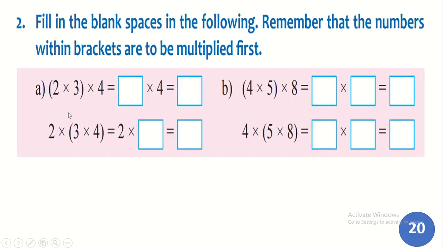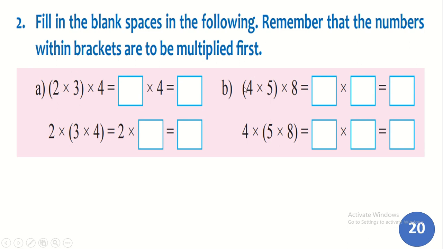Number 2. Fill in the blank spaces in the following. Remember that the numbers within brackets are to be multiplied first. Where is the brackets? Here. These are the brackets.